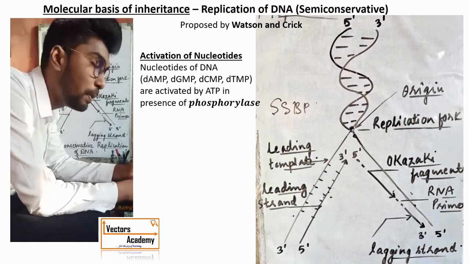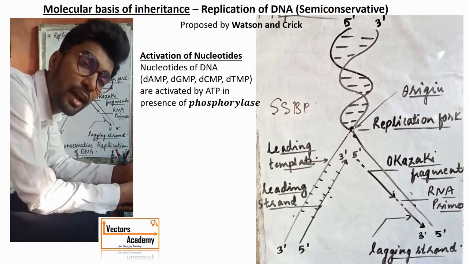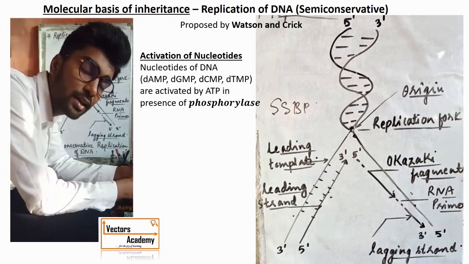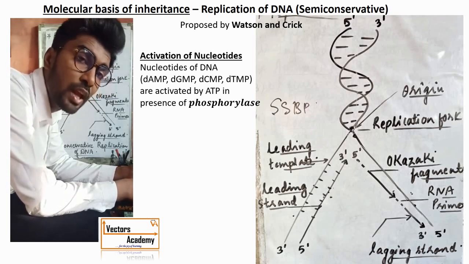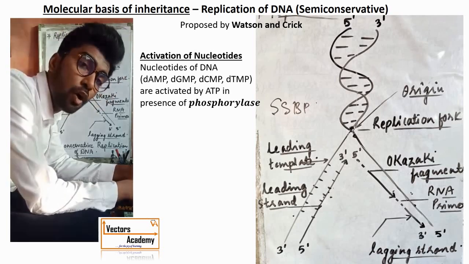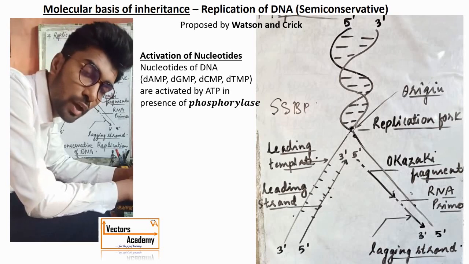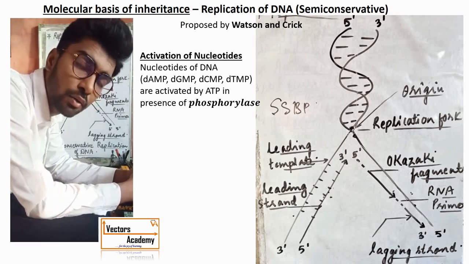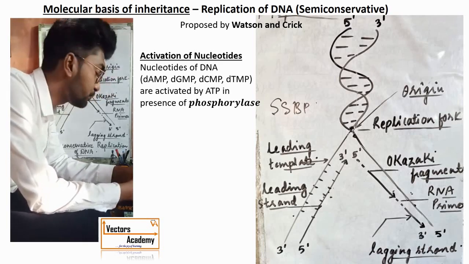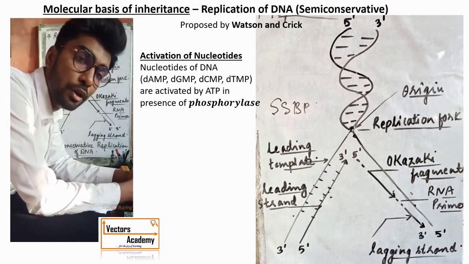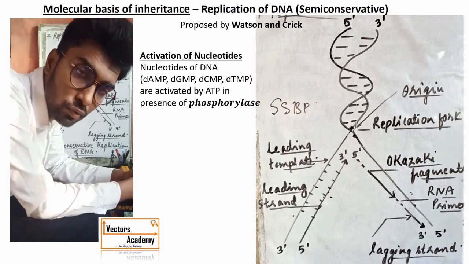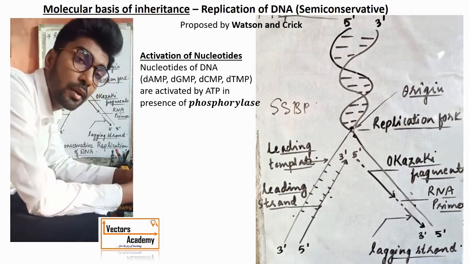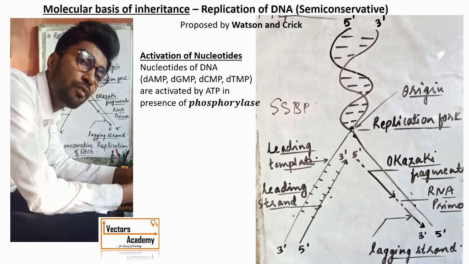When you talk about activation of nucleotides, there are 4 different types of nucleotide: deoxyribonucleoadenosine monophosphate, deoxyribonucleoguanosine monophosphate, deoxyribonucleocytosine monophosphate, and deoxyribonucleothymine monophosphate. They undergo a phosphorylation reaction, that is, by using ATP in the presence of phosphorylase.